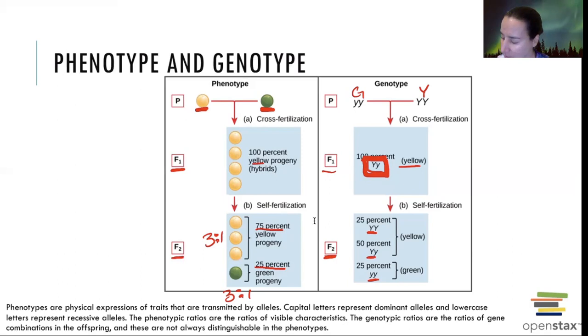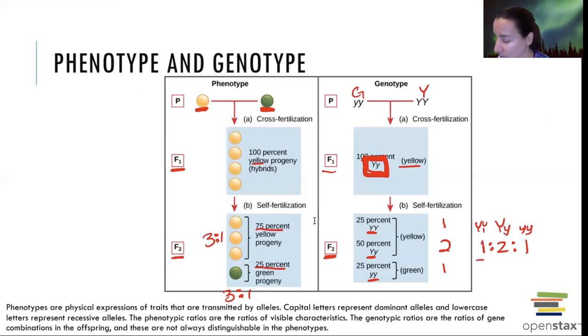So in this case, we have a 1, and there's 2 here, and there's 1 here. So we would write this as a 1-to-2-to-1 ratio for our homozygous dominant, heterozygous, and homozygous recessive, a 1-to-2-to-1 ratio as far as genotype.